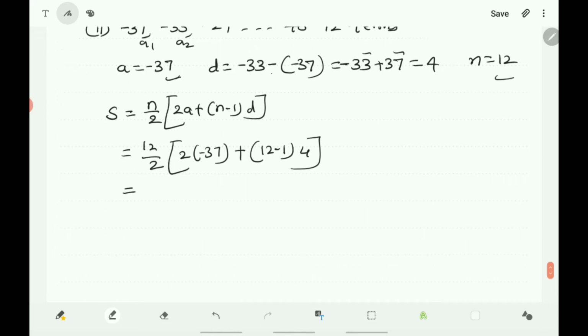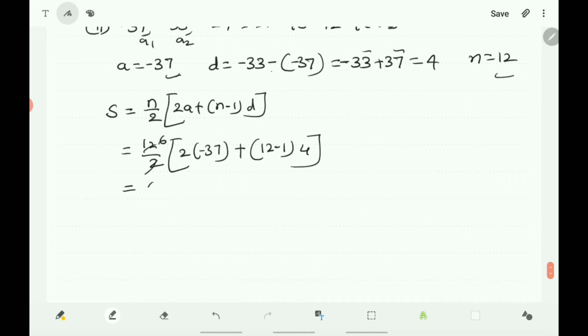Then 12 by 2 is 6. 37 twos are 74, so it is minus 74. Then 12 minus 1 is 11, 11 fours are 44.